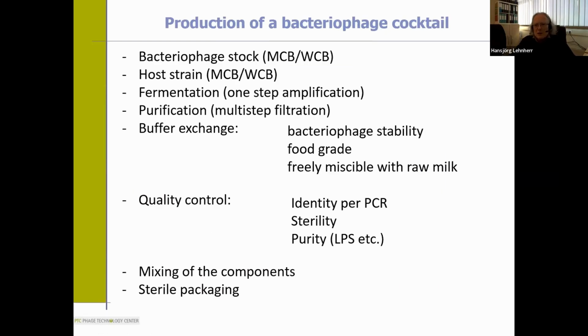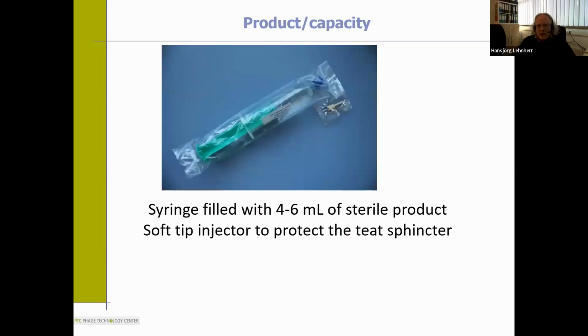Now, how do we produce such a bacteriophage product against Staph aureus? I do not have the time to go into detail. This is a very standard production scheme, and we might hear a little bit more about it from our next speaker. At the end of it, we have a sterile solution that is packed into a syringe, and we use a soft tip injector so the teat sphincter of the cow is not injured when we inject into the teat channel.